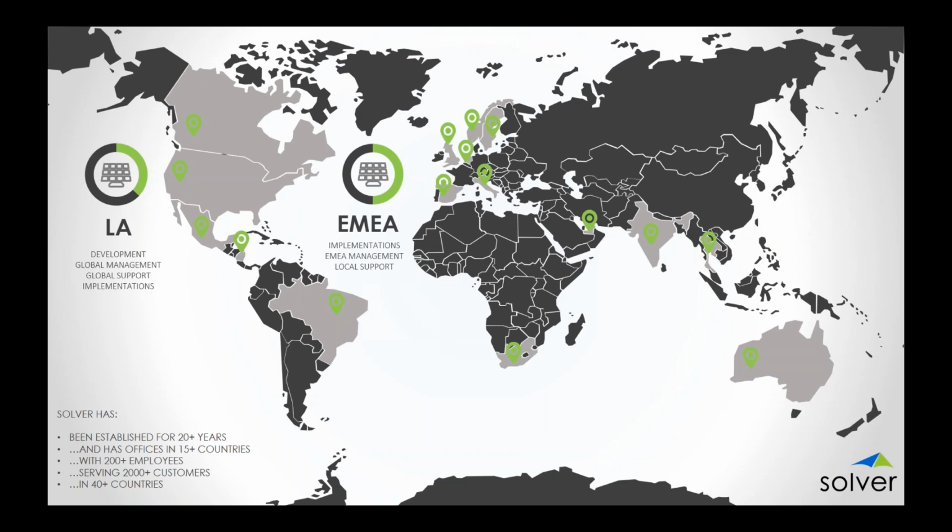But the development of BI360 is based in Los Angeles, where we have our global head office. Solver is about 200 employees, and we have more than 2,000 customers today. Not everyone is on Business One, a lot of them are using Dynamics, but the SAP Business One customer base is the fastest growing for us at this moment.